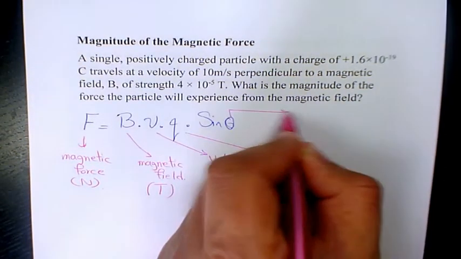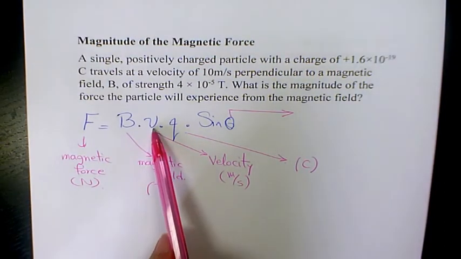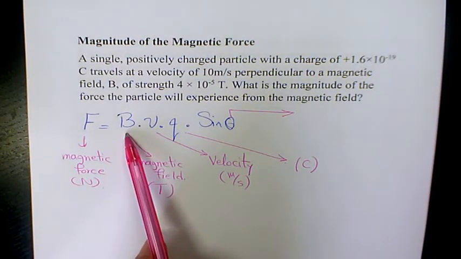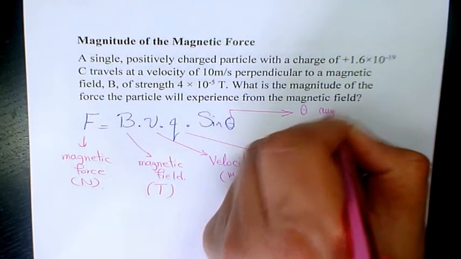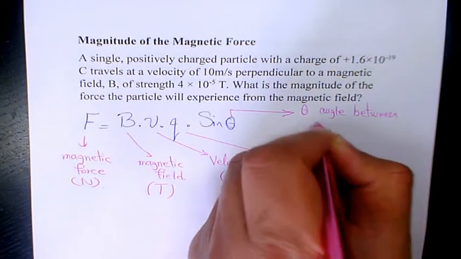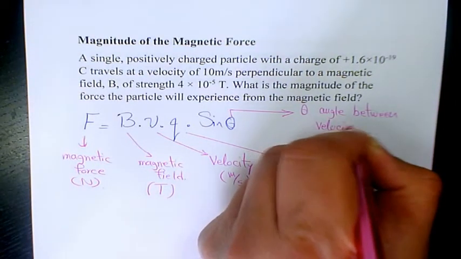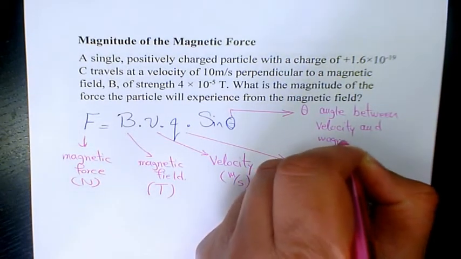And theta will be the angle between the direction of velocity and the direction of the magnetic field.